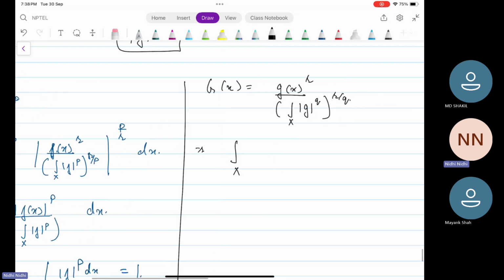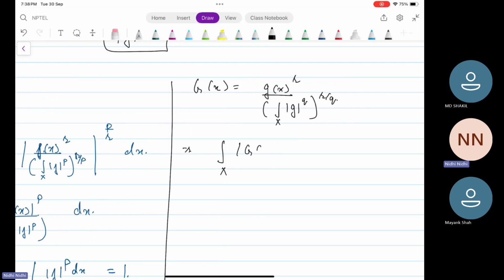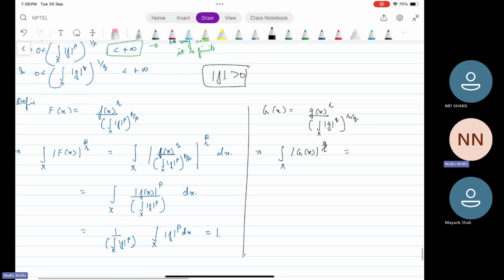Then also again we'll get |G(x)|^(q/r). In a similar way, this will turn out to be equal to 1. Now this capital F and capital G are two real valued functions.